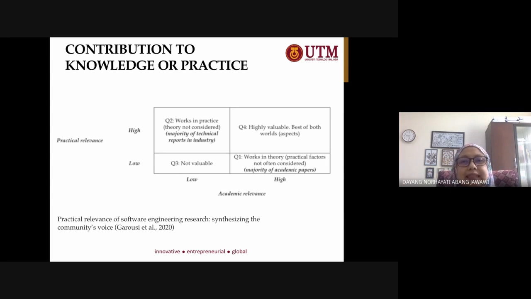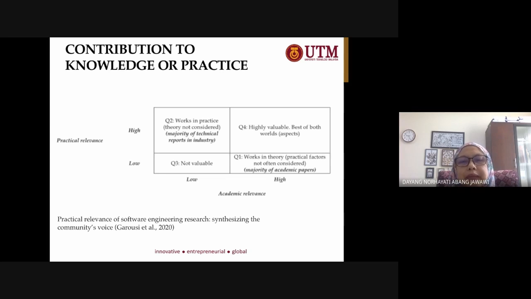But as software engineering researchers, if we're doing a PhD or MPhil in software engineering, you cannot ignore the practical point of view. You still need to mention or link your research result to the practical point of view.